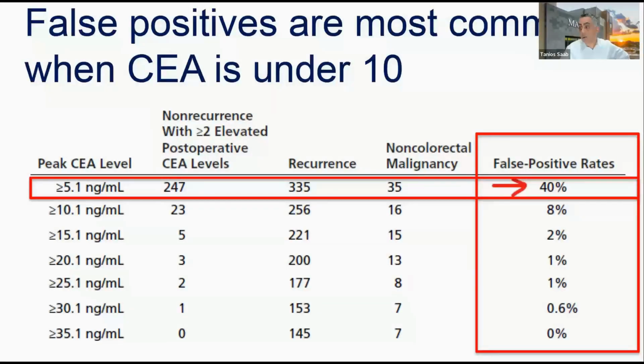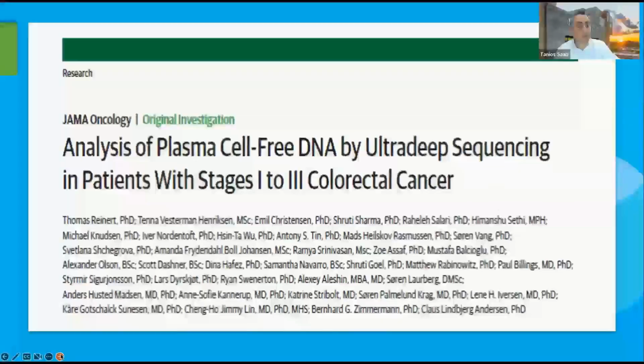A lot of these patients come with these challenging findings. And this is where MRD assessment may or may not be helpful. But the CEA certainly is a less sensitive and less specific test. And we'll see some of the data now in some of the prospective studies.